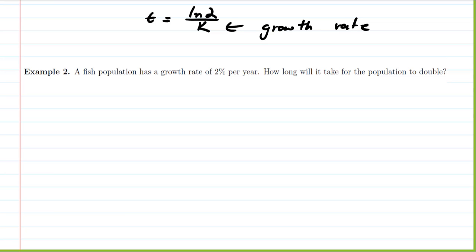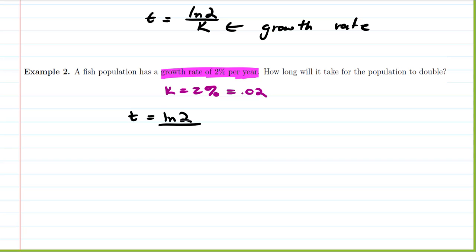So we identify our growth rate, k, is 2%. Writing our percent as a decimal, we get 0.02. So then our formula for the doubling time is t equals the natural logarithm of 2 divided by k. Well, that's the natural logarithm of 2 divided by 0.02.